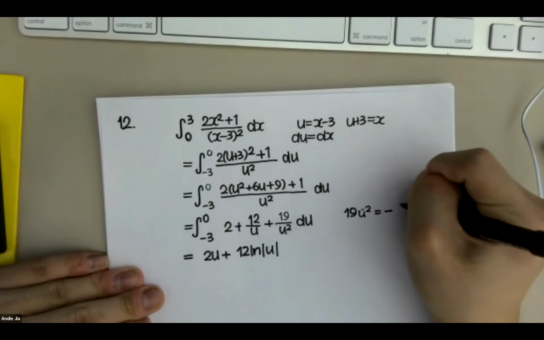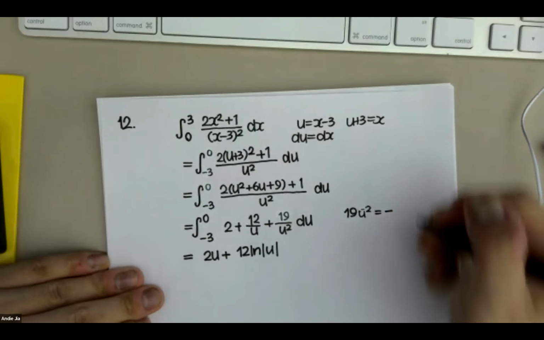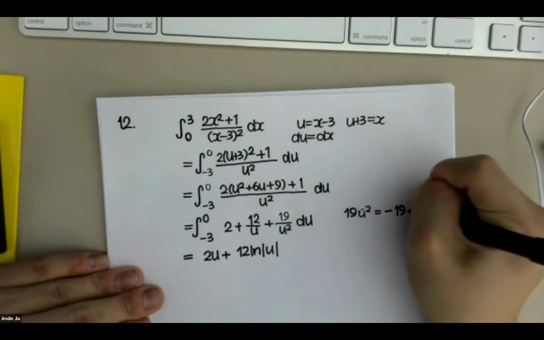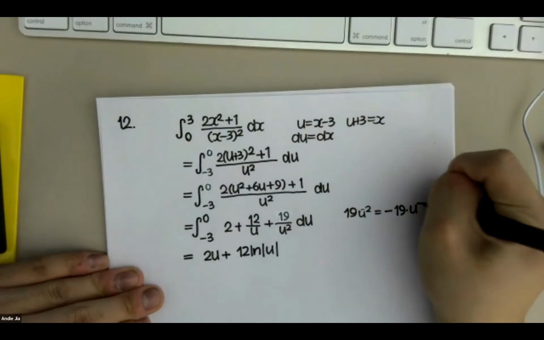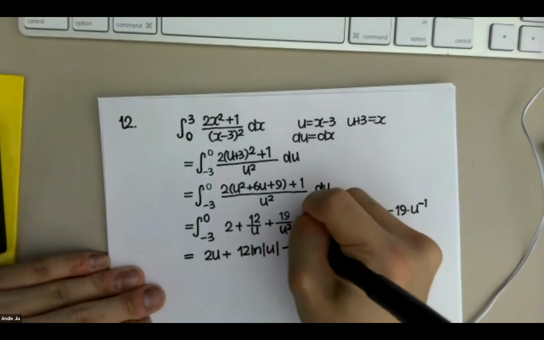It could be like a negative 19 u over -1.